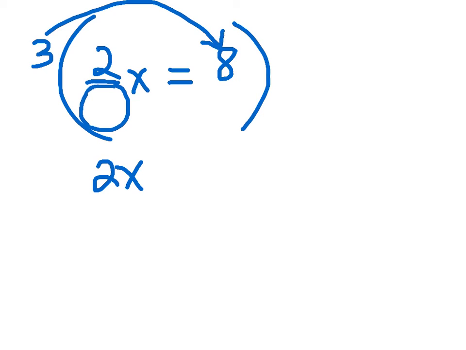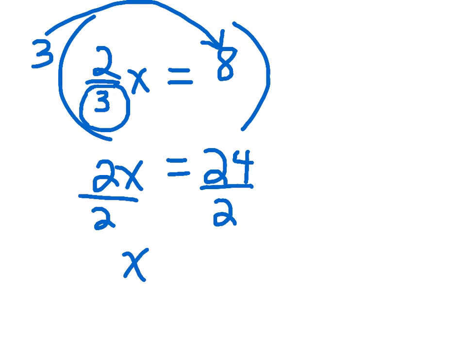I also have to multiply the other side, making that, I'm going to go back here and tell you what that was originally, making that 24. Now I have a second step, an equation with multiplication. What undoes multiplication? Division. So x is equal to 12. And that's our review lesson for today.